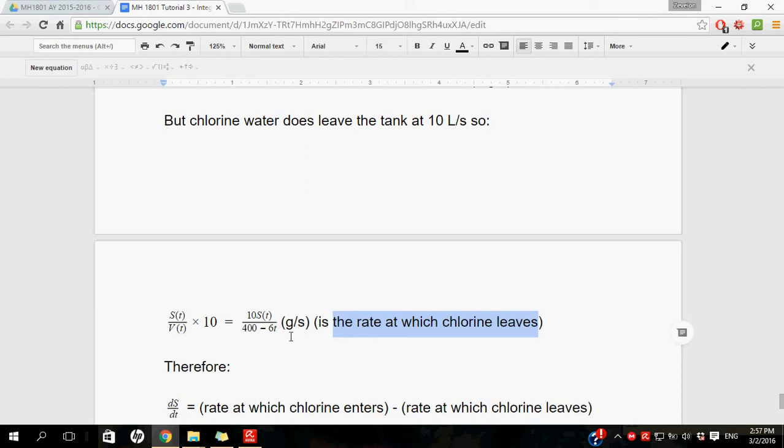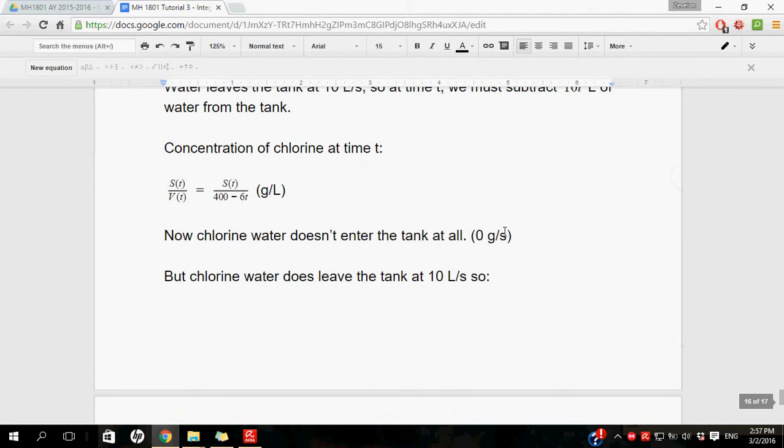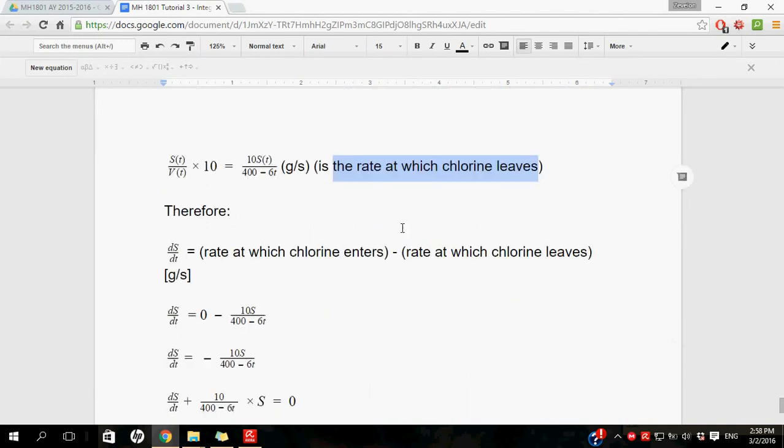Therefore, when we talk about the rate of change of chlorine in the tank, it is precisely in grams per second. The final rate at time t is the rate at which chlorine enters the tank in grams per second, minus the rate at which chlorine leaves the tank in grams per second.